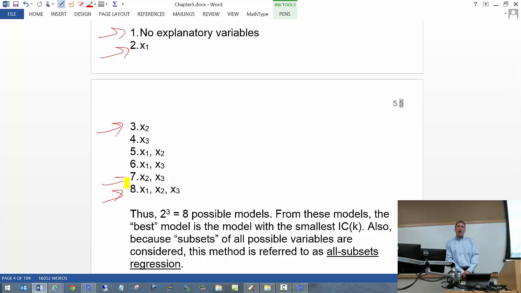The name all possible subsets comes from the fact that you're looking at all possible subsets of these variables put into a model. What you could do is estimate all eight of these models and calculate your information criteria. The model with the smallest information criteria is the best according to that criteria. That's simply how it works.